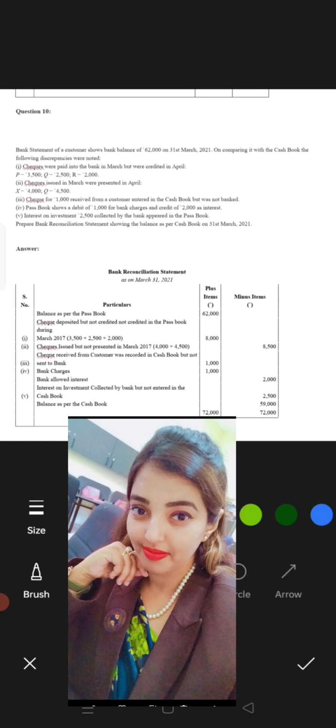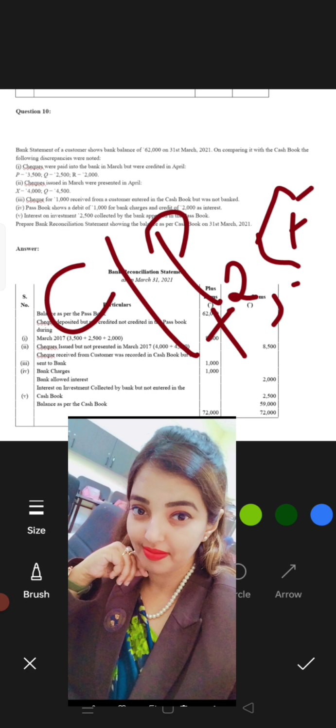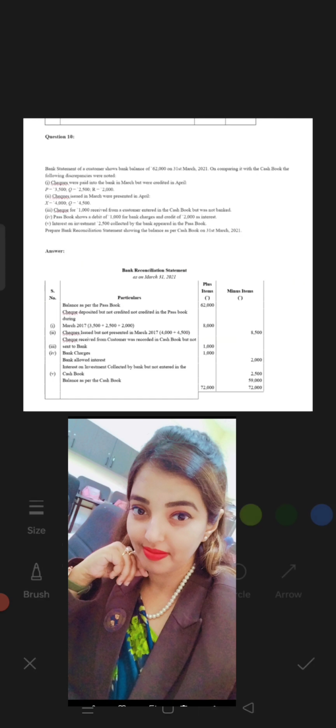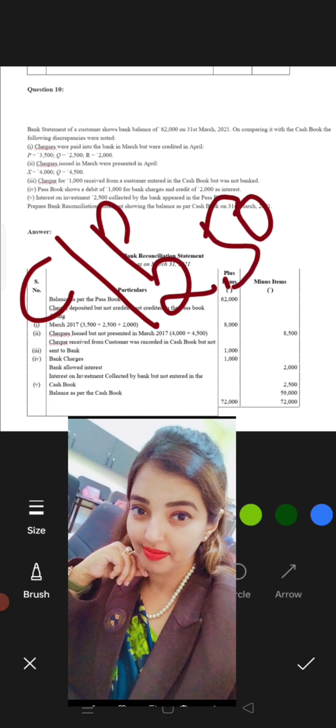Interest on investment 2,500 collected by the bank appeared in the passbook. So interest on investment 2,500 collected by bank. This is your cash book and this is your passbook. Collected by bank, so it is plus 2,500. It will be 2,500.